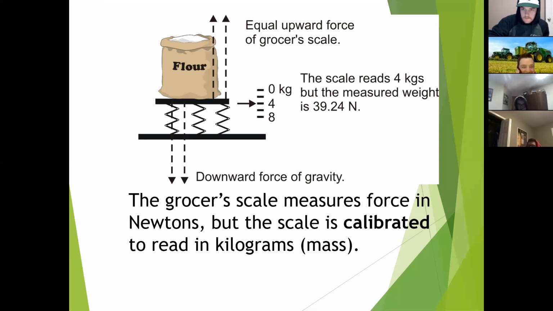The way that you would figure that out is it's kind of your ratio scenario, okay? So 1 kilogram over 4 kilograms, right? Because that's what the scale is reading, is equal to 9.81 newtons over the number of newtons. You guys follow? So we're doing one of those fancy ratio things. 1 over 4 is equal to 9.81 over n, which is our unknown.